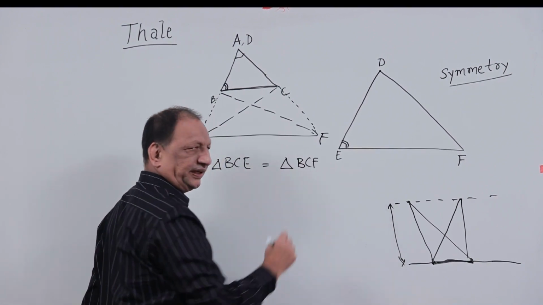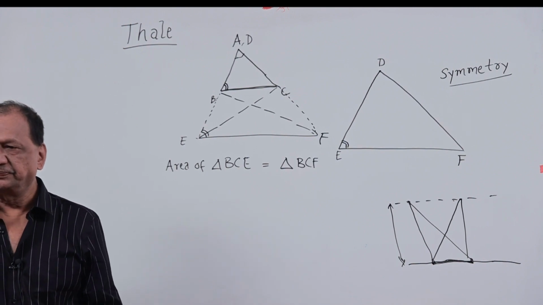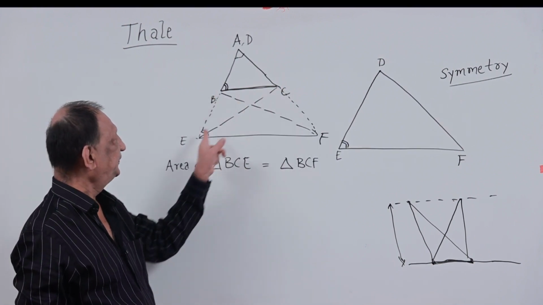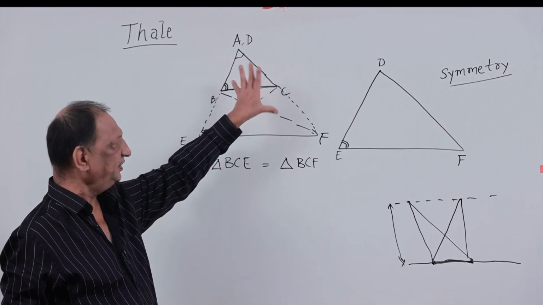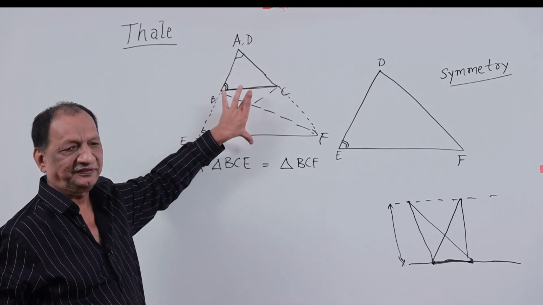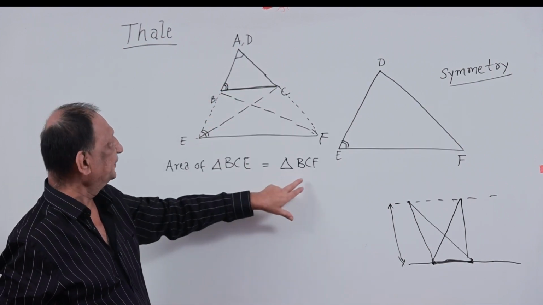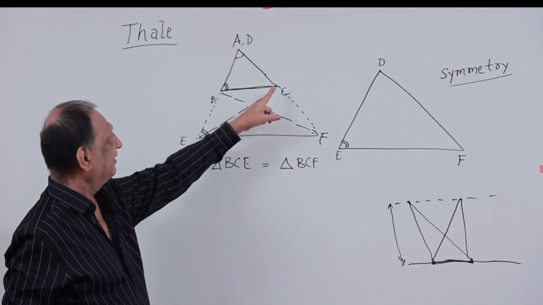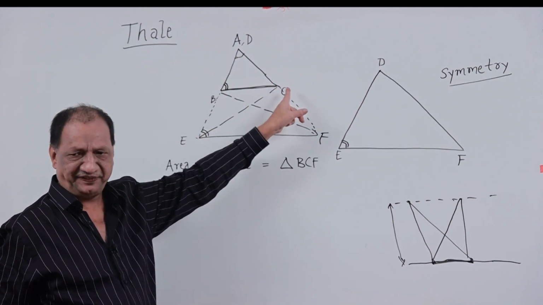They are equal. BCE and BCF are on the same base BC and between the same two parallel lines. Height is the same. Once you have this, I got one more triangle here which is ABC, right?